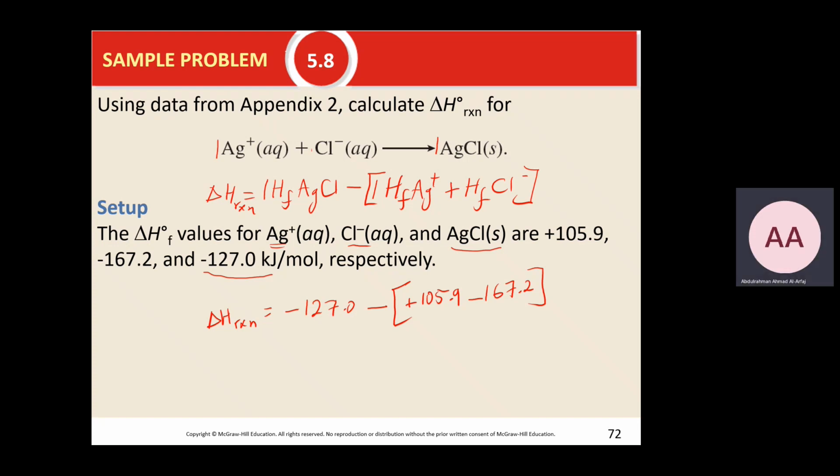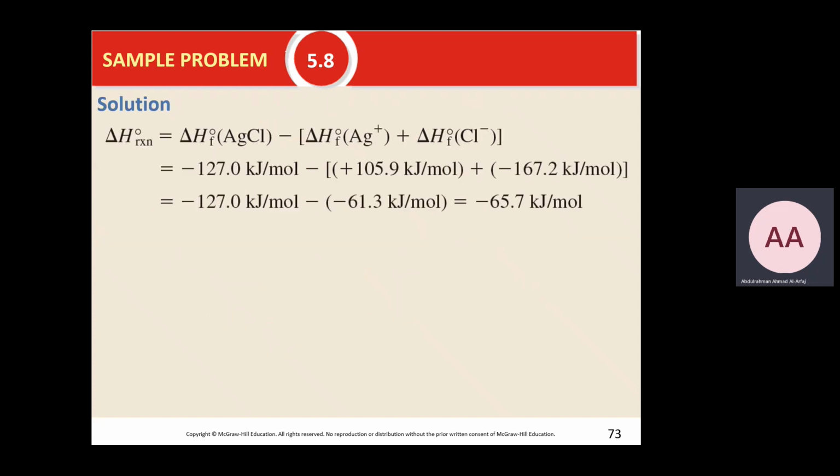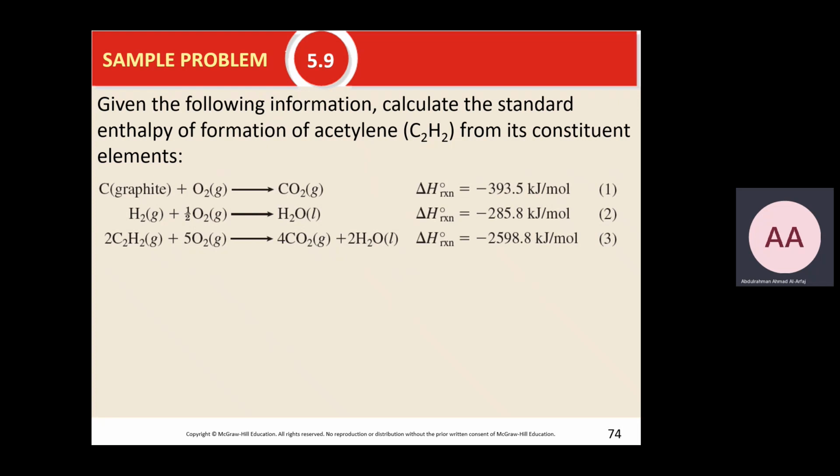And the answer would be, if you add these numbers here, as simple as that, 65.7 kilojoules with a minus sign. That's it. As simple as that. So you should go find the heat of formation of these compounds and calculate the heat of reaction. This is the solution for this question.